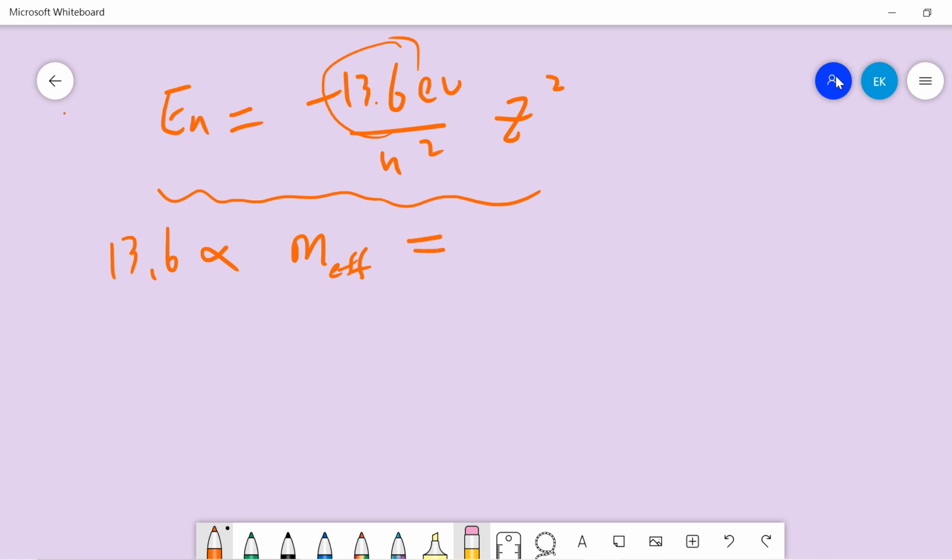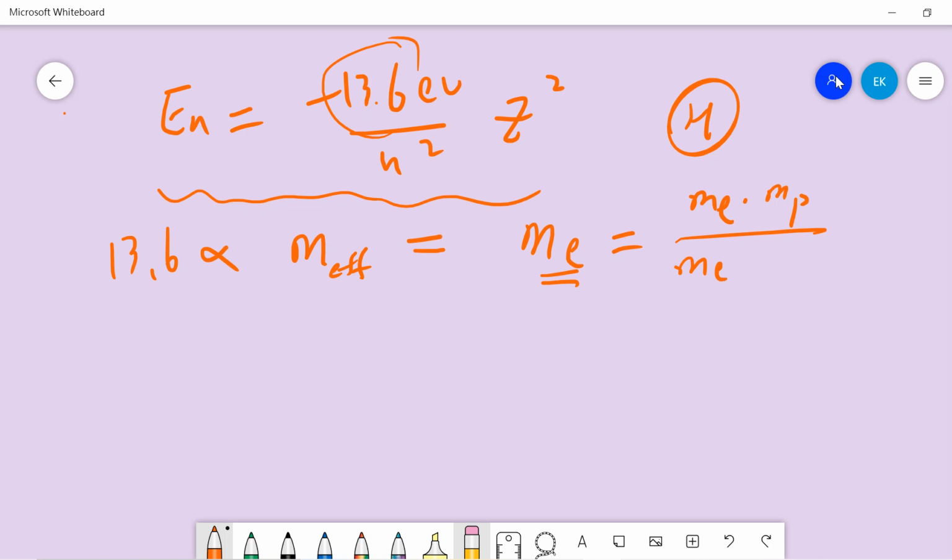The effective mass in the usual hydrogen model is actually the electron mass times the proton mass over the electron mass plus the proton mass. But the mass of the proton is much larger than the mass of the electron, so this is closer to the mass of the electron.